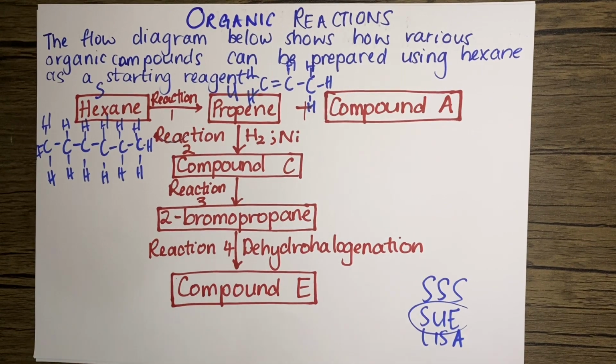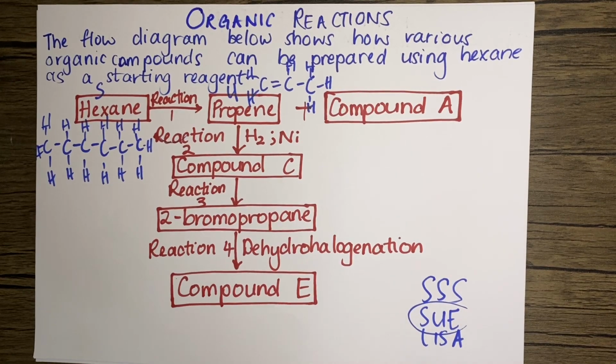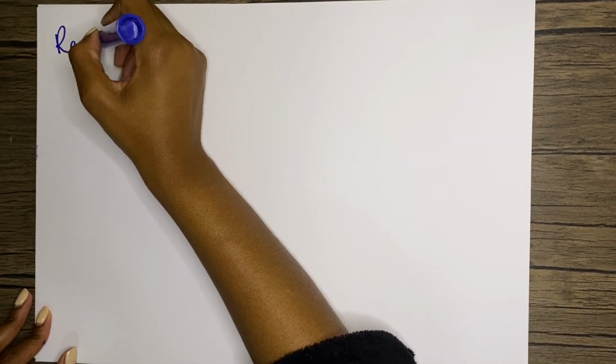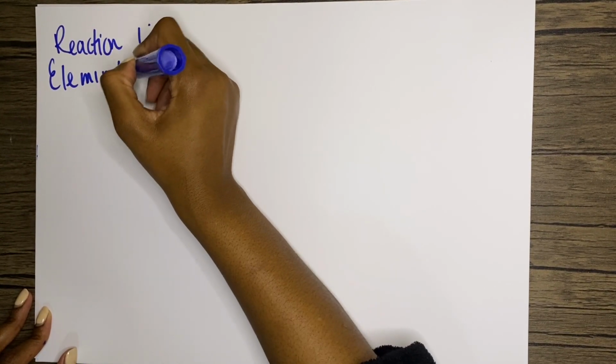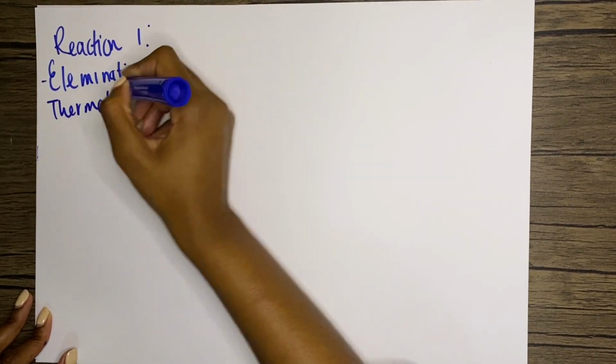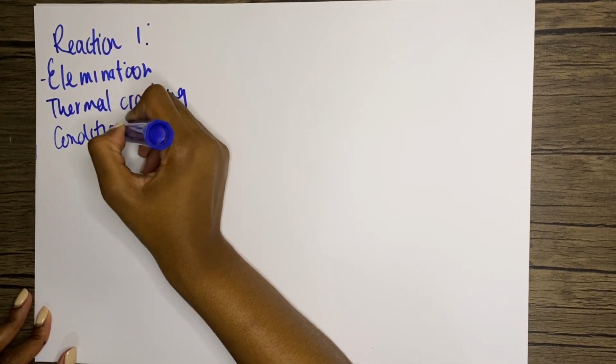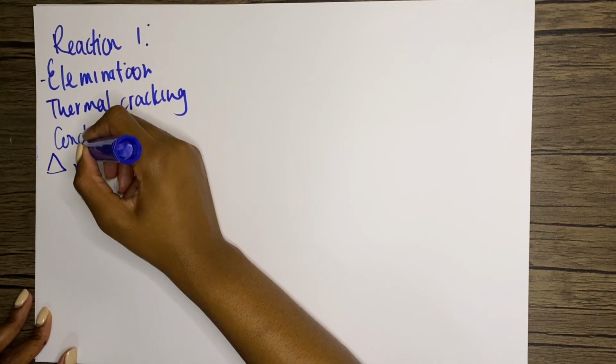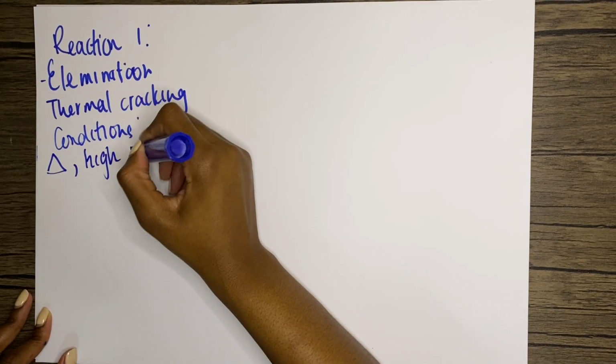So reaction 1, we just said reaction 1 is an elimination reaction. And a specific type of elimination reaction. What are the reaction conditions? That's high heat, and high pressure.